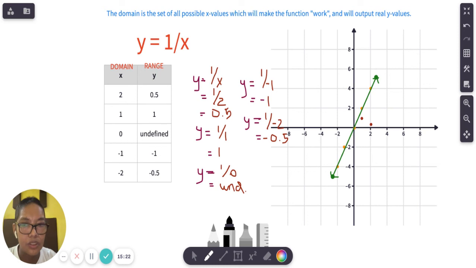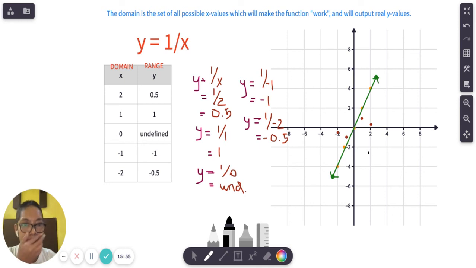So, nandito siya, pero hindi siya kasali. So, wala siya. So, dun tayo sa negative 1, negative 1. Ito po yan. Diba? Tapos, negative 2, negative 0.5.